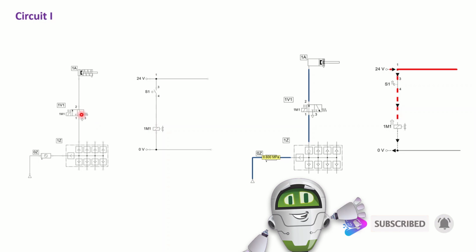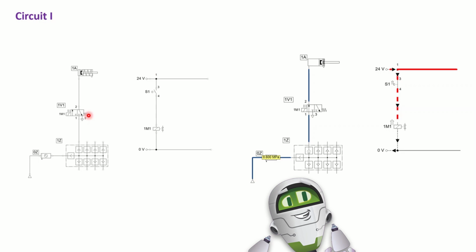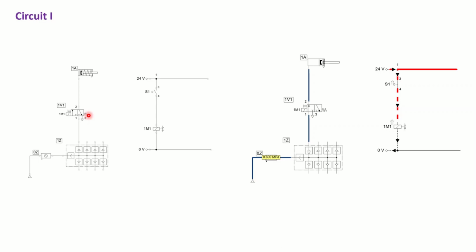Therefore, this actuation is gone, and we have a spring return on the right side, and that spring return shifts this directional control valve to its first position, which is a closed position, and then the air cannot pass. We would have exhausting of the air through this terminator, and the piston will return to its initial position. So here you can see what is happening.